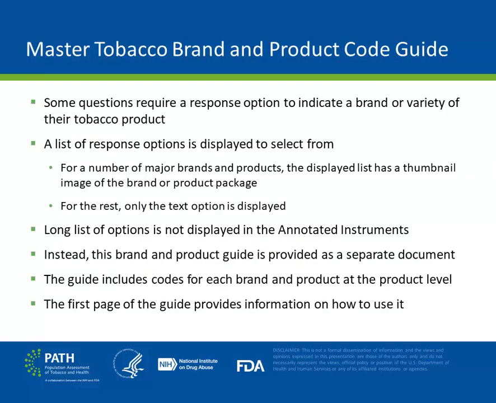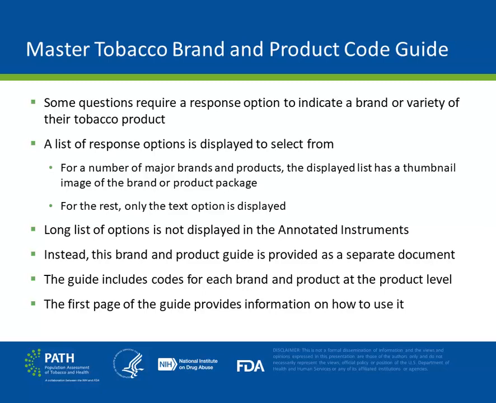In addition to the annotated instrument, there is also a master tobacco brand and product guide available. Some questions require a response option to indicate a brand or variety of a respondent's preferred tobacco product. A list of response options is displayed to select from for a number of major brands and products.